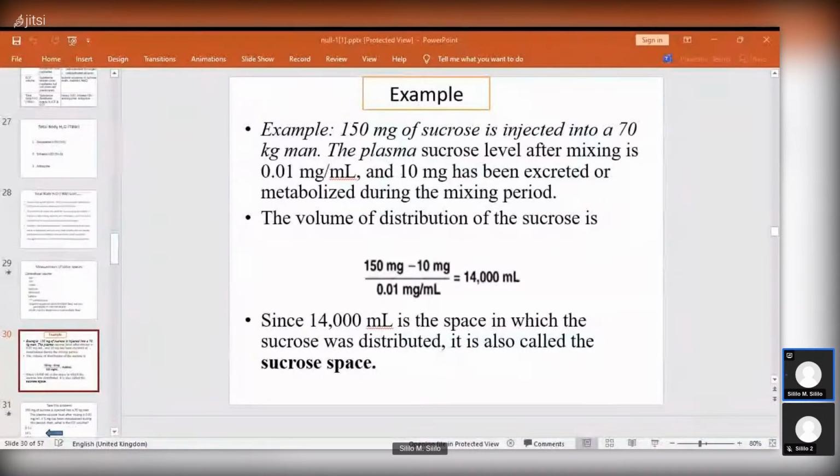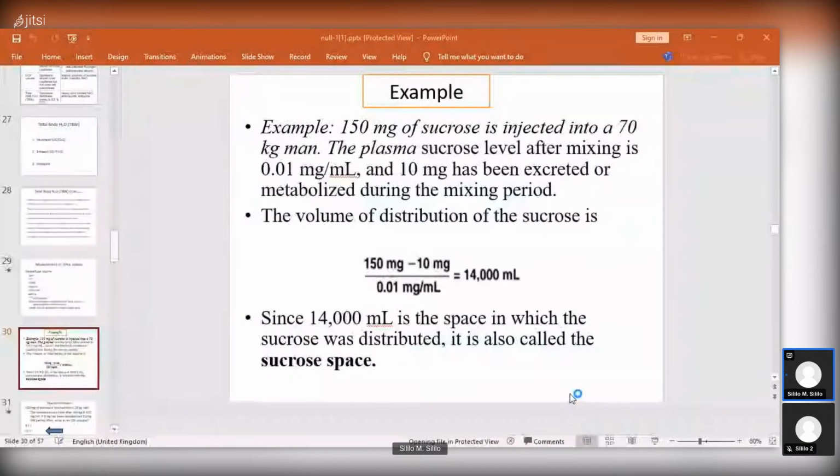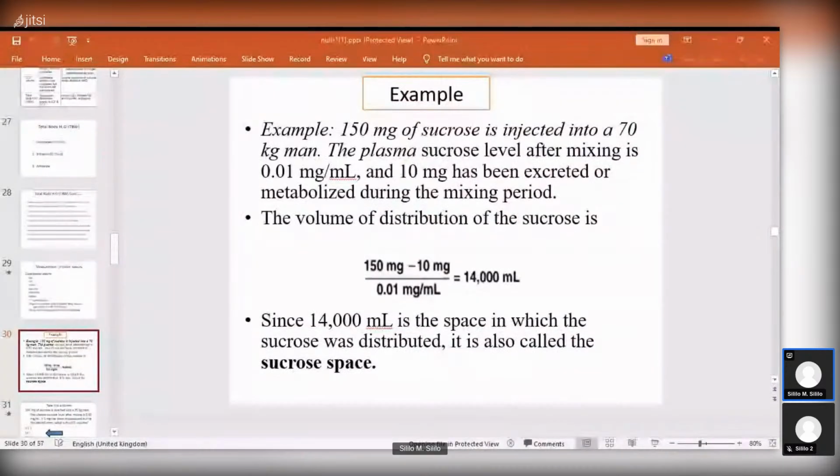In terms of the mass, we're giving 150 milligrams into a 70 kg man. The plasma sucrose level after mixing. So we give this sucrose, then we inject it into your body.